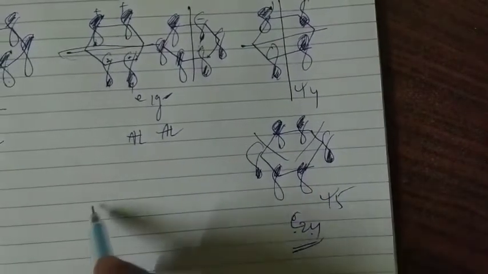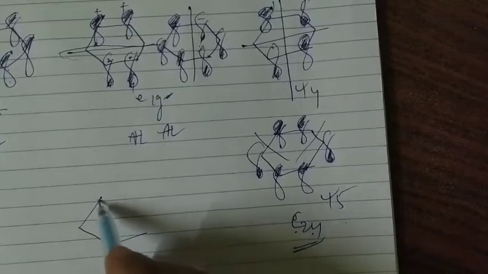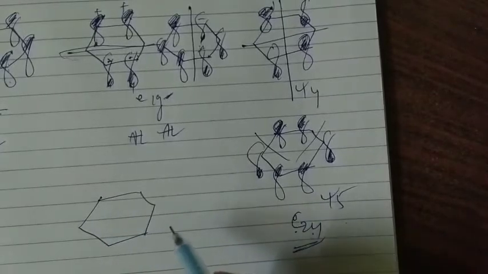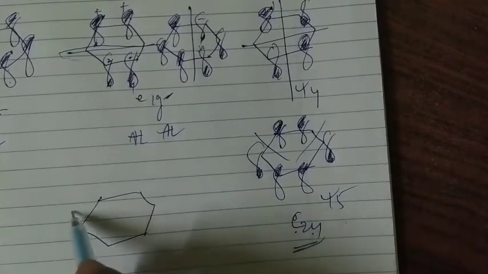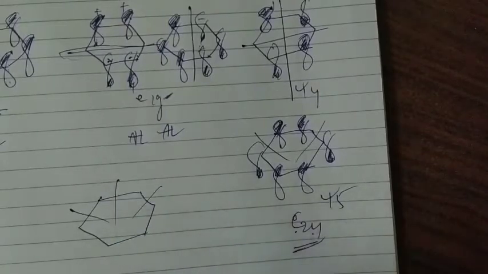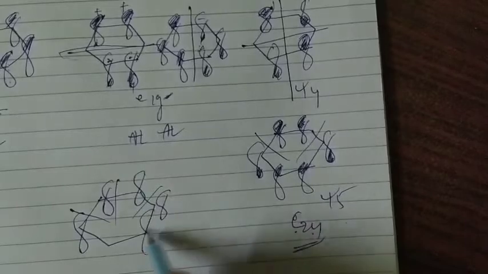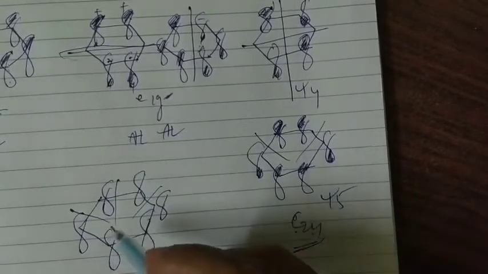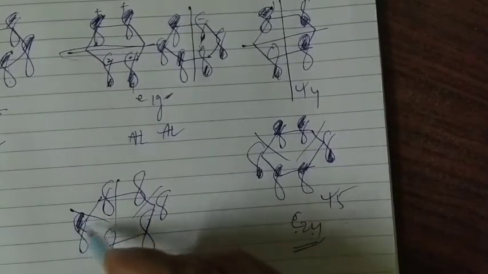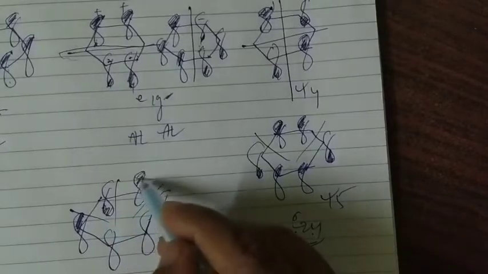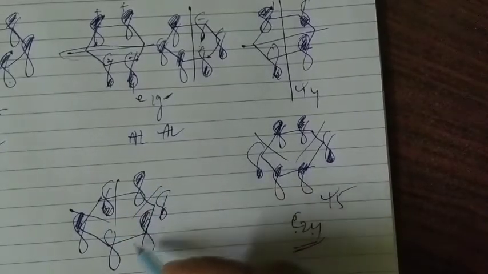And the last one is psi 6. How many nodes will be there for psi 6? There will be 3 nodes: 1, 2 and 3. Now you can draw the orbitals and generate the positive and negative according to the nodes. Simple: start with top positive, down positive, top positive, down positive, top positive, down positive.